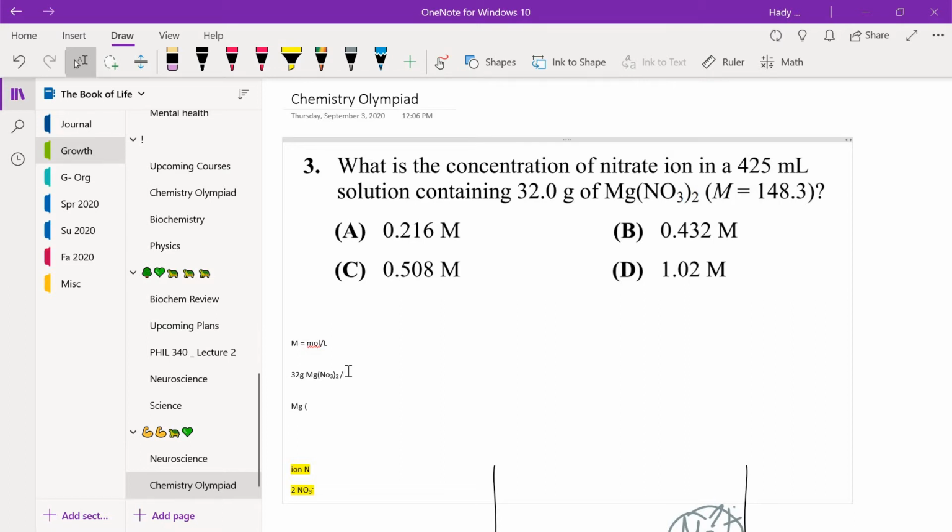So let's do that. It tells you also, by the way, the molar mass is over here. So it clues you into the fact that you have to use the molar mass in your calculation, or else you're doing it wrong, probably.